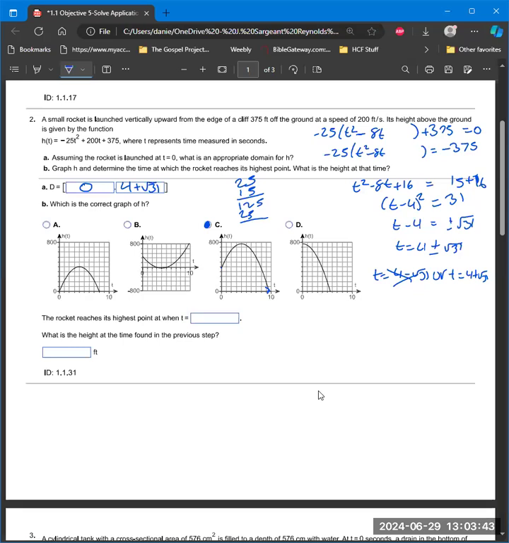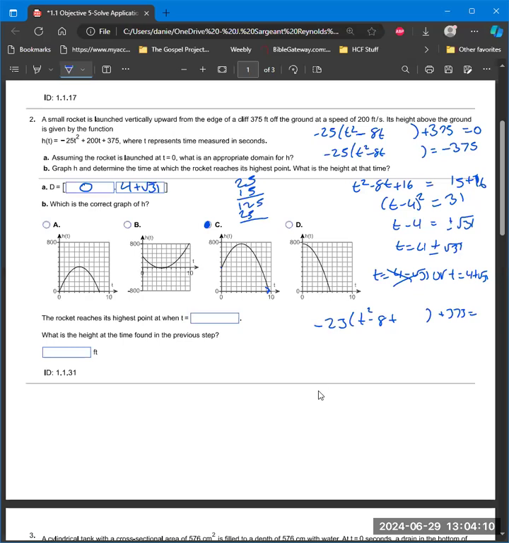Now we're going to find where it reaches its highest point, and that's why I was trying to complete the square here. So you can see that this is negative 25 times t squared minus 8t, plus 375.